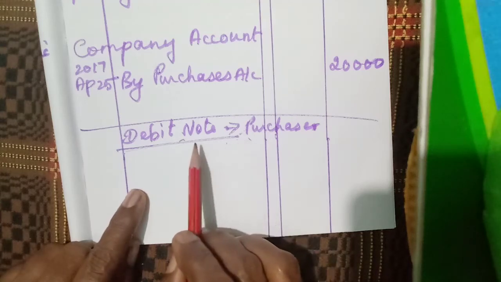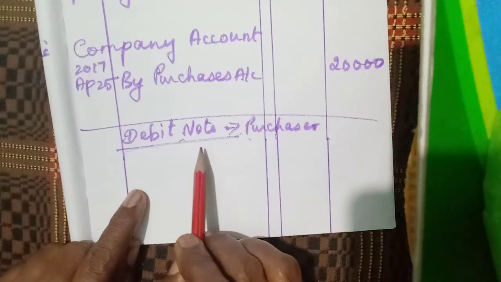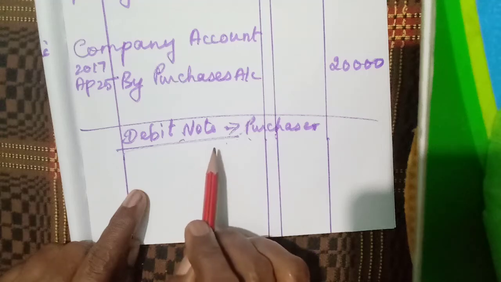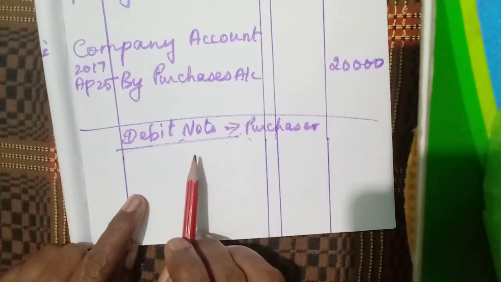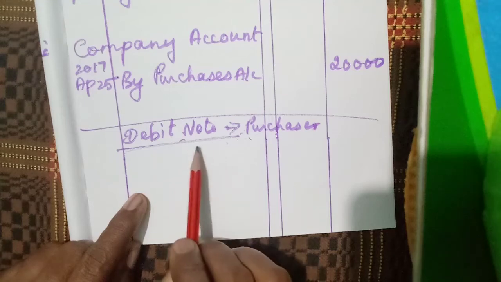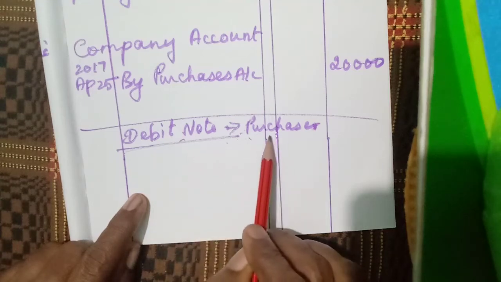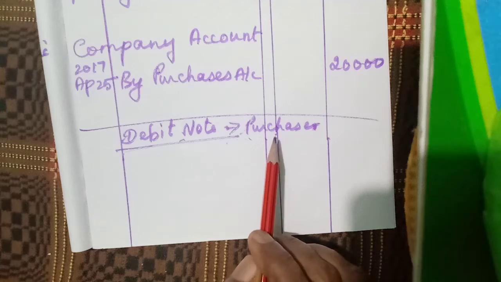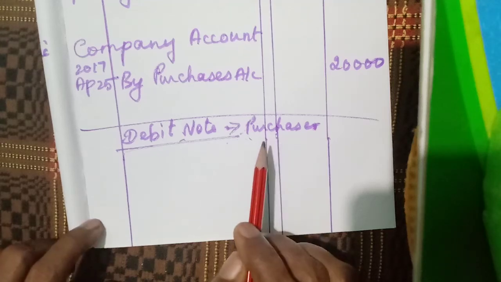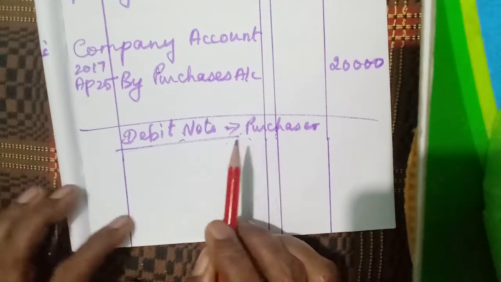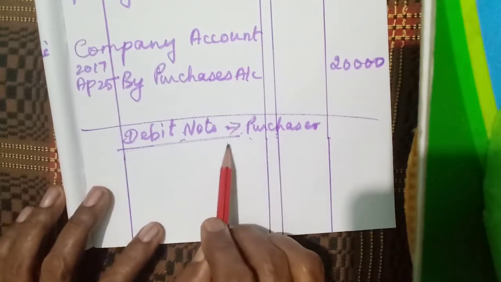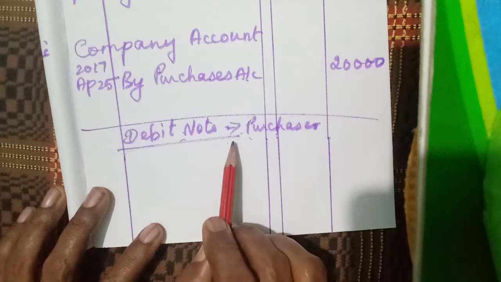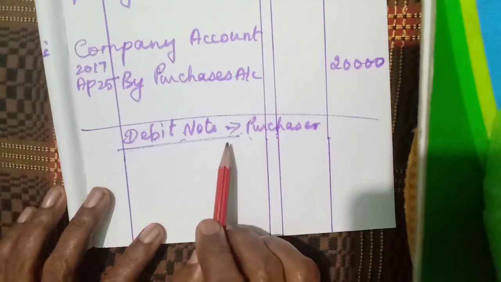So when we send the goods to the supplier, if we do not receive the amount immediately, then we will enter that in the purchase returns book. If we return the money to that buyer, then no matter, isn't it? We have paid money. Here only credit transactions take place, credit purchases.